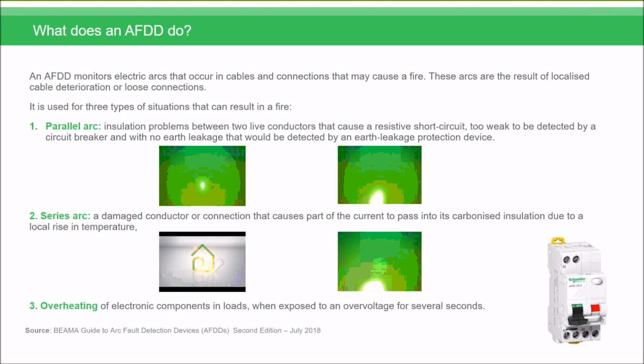The UK fire stats we mentioned, around 2013 and 14, identified around 12% of electrical fires start with the electrical distribution systems of an installation. So that's wiring, cables, plugs, and the likes. So the arc fault detection devices would detect series and parallel arcs that can occur within these cables and connections.